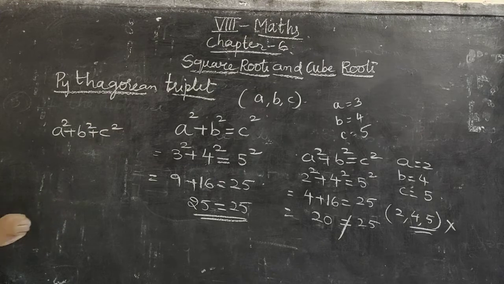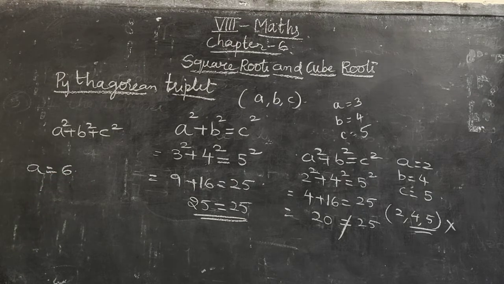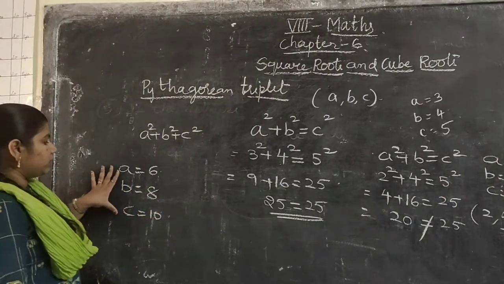A is equal to 6, b is equal to 8, c is equal to 10. With these values I am substituting.